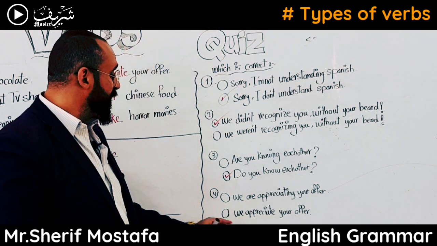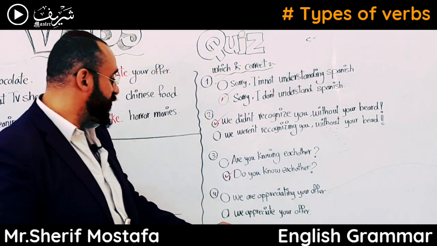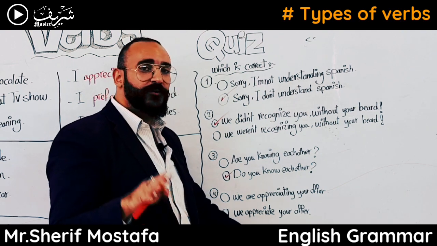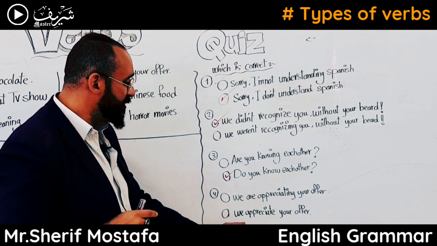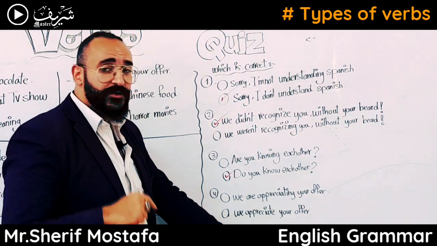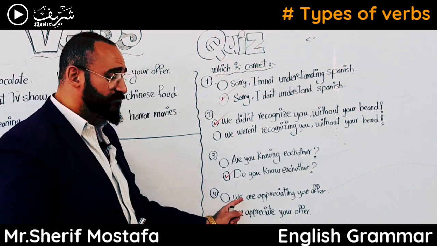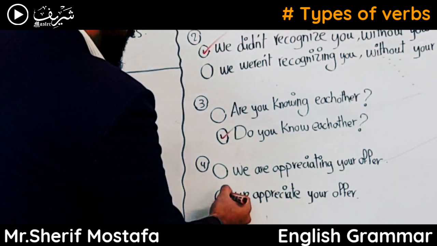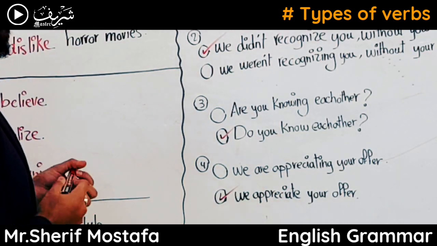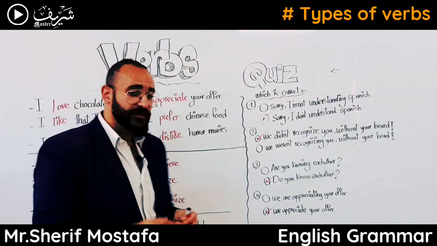I use it a lot, and you shall also use it a lot from now on. Can you tell me? So appreciate is one of the stative verbs that we cannot by any means use with the be verb. So we choose the second one: we appreciate your offer. This is great.